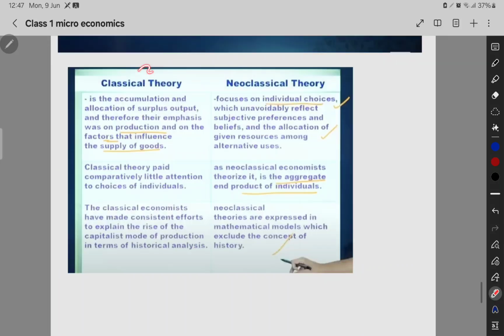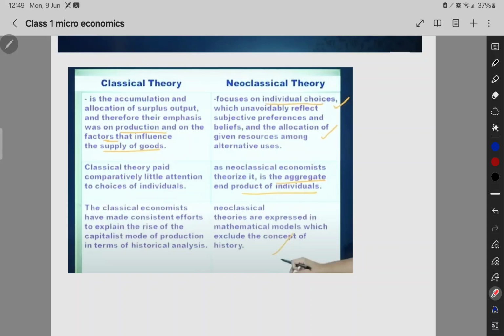What is the difference between a classical theory and a neoclassical theory? The basic thing you can remember is that this emphasizes production and factors that influence the production. Factors that influence the supply of goods and production, that is classical theory.